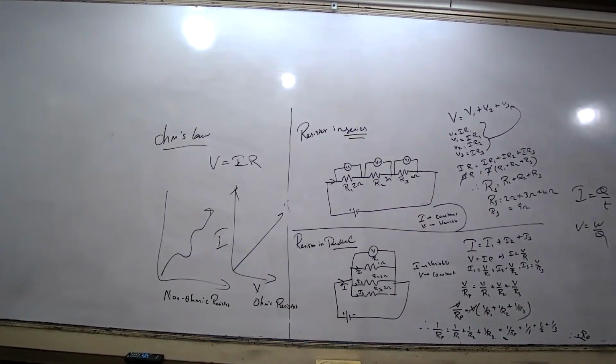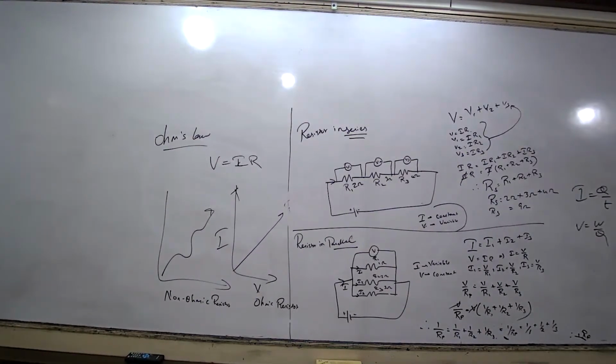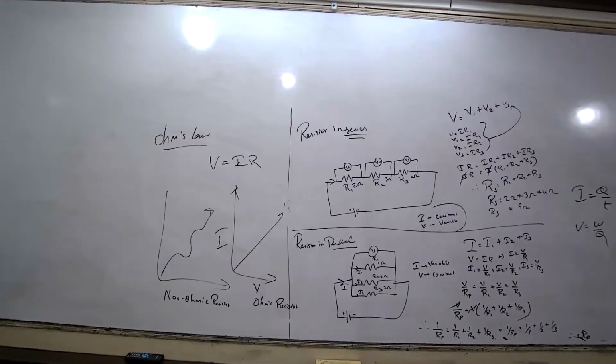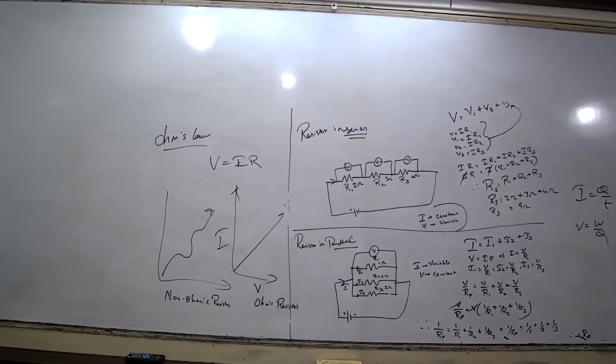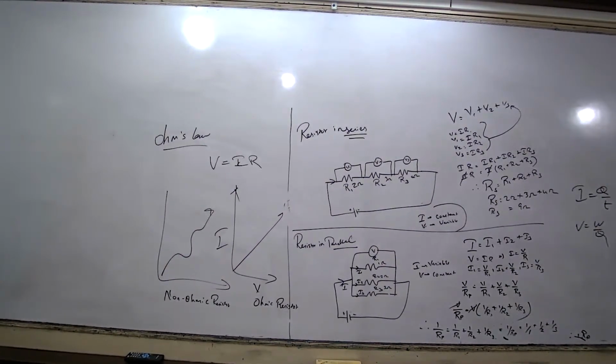When capacitors are connected in series, parallel, 1 by C equals 1 by C1 plus 1 by C2. You have to find it in that manner. That formula you have to implement. Okay? That is the formula. It's vice versa. Capacitors used to store the charges.